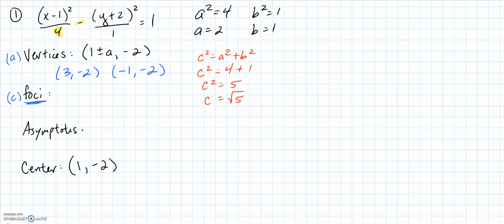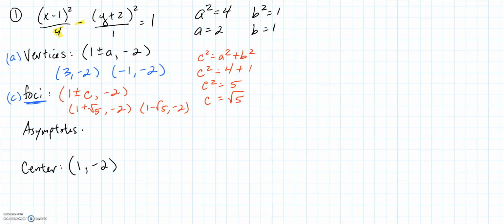And my foci is always in the same direction as the vertices, so it's going to be the same format, 1 plus or minus c, negative 2. Those come from the center, and I get 1 plus radical 5, negative 2, and I get 1 minus radical 5, negative 2.